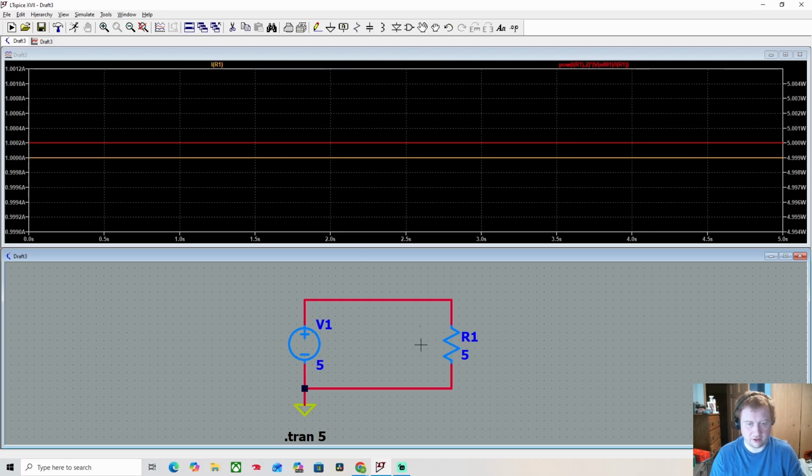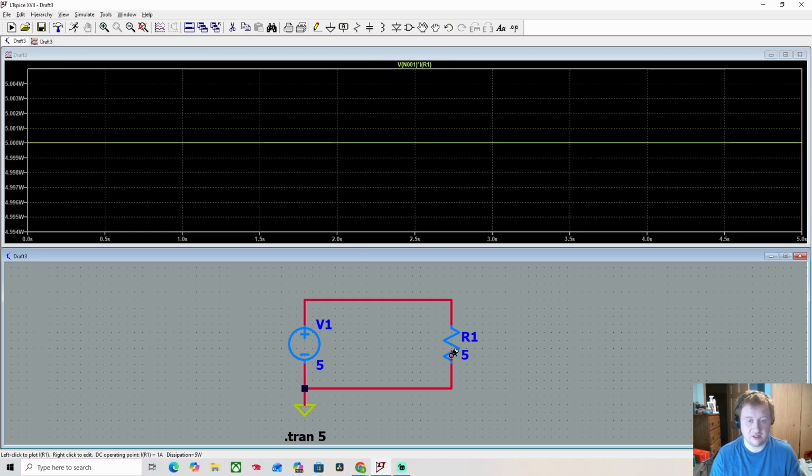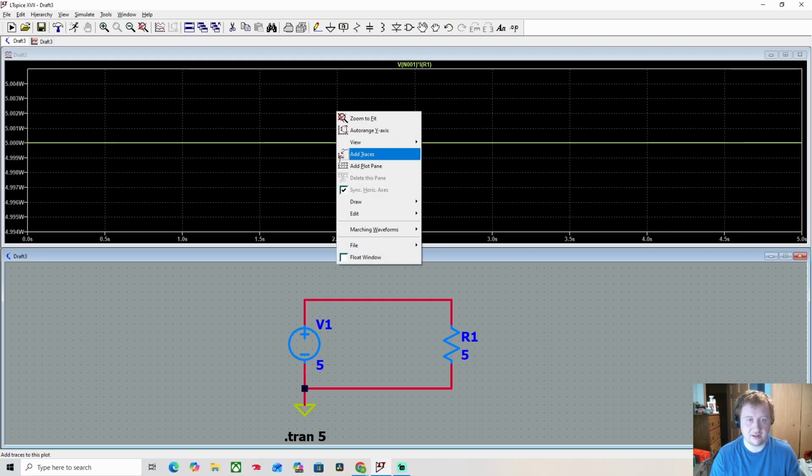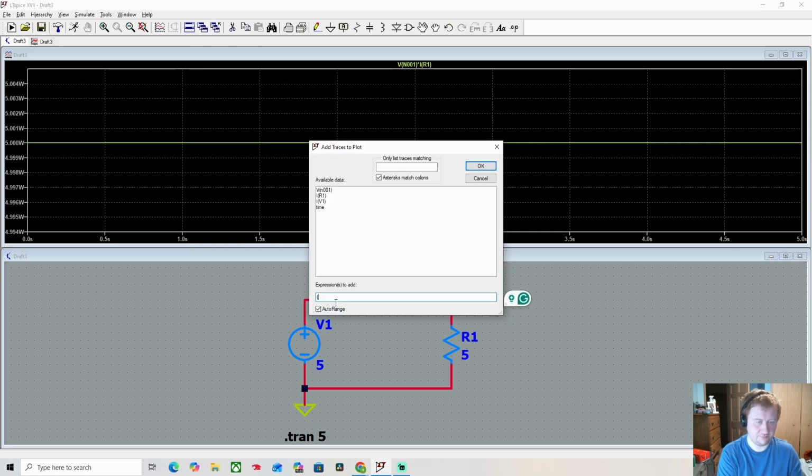So yeah, this is the same thing as taking this current squared times the voltage divided by the current over the resistor.